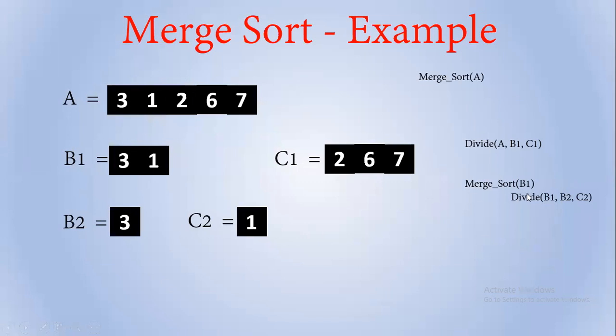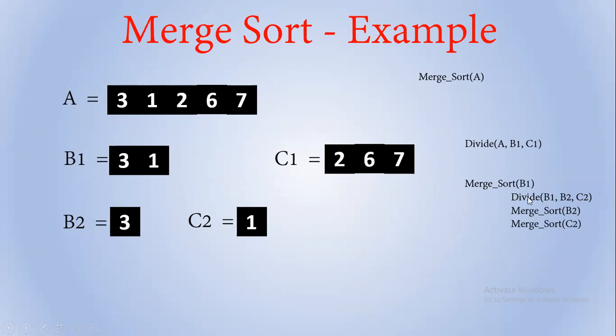This will call merge sort on B2, that means this one. Since the number of elements is 1, nothing will change. When n is 1 in merge sort, nothing will change, if you remember from last week. It will again call merge sort on C2, this one, and nothing will happen.